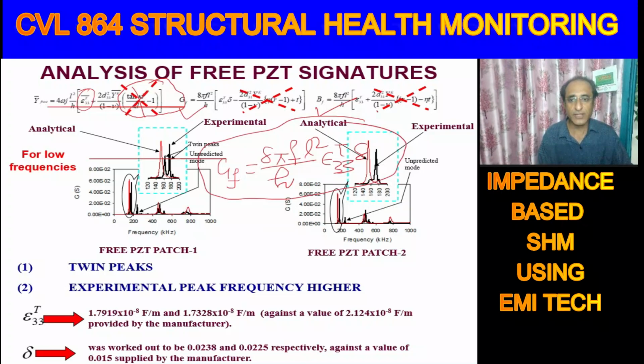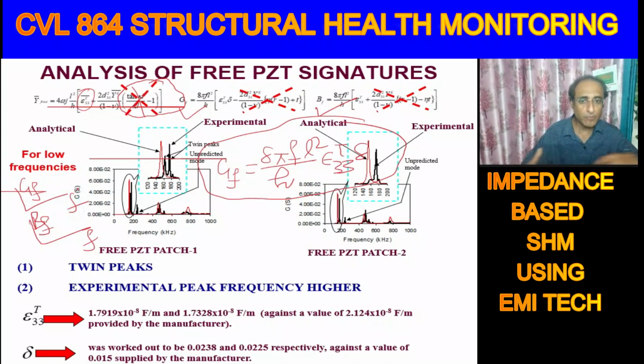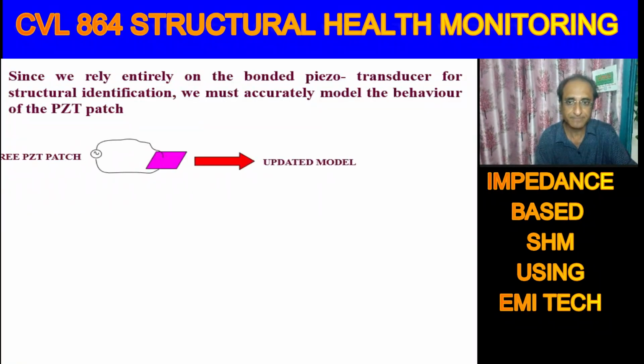So if you are plotting these two, G_F and B_F, as a function of frequency, then the slopes of these two will give you a measure of these two parameters, epsilon 33 and delta. So that will be the advantage. You can measure them.